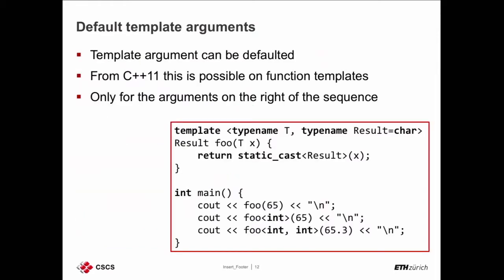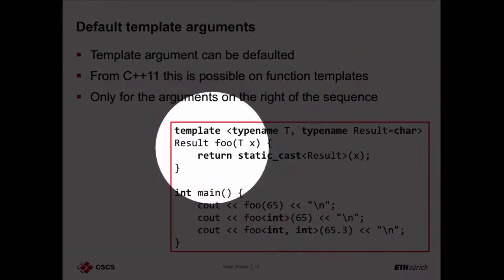In C++11, you can have default template arguments for functions. You could have default template arguments for classes before C++11, but in C++11 you can have it for functions.